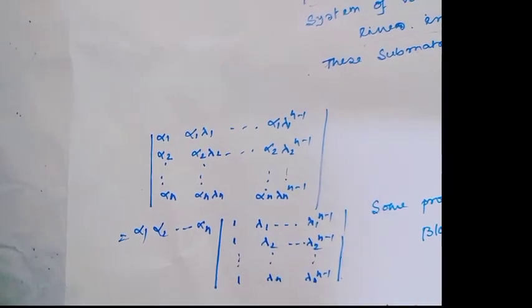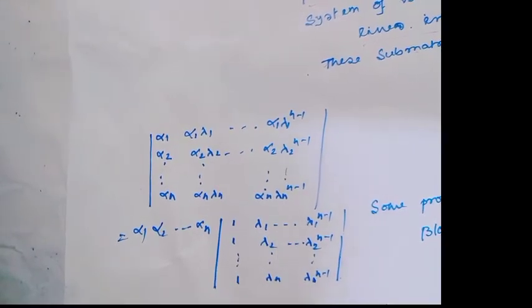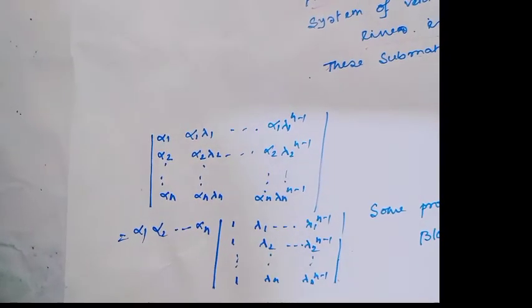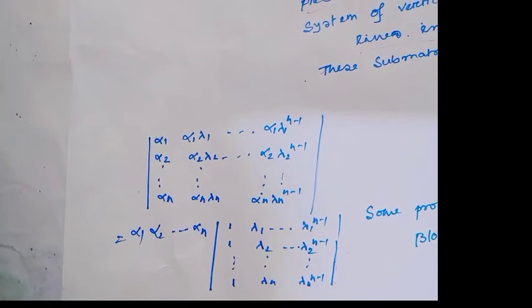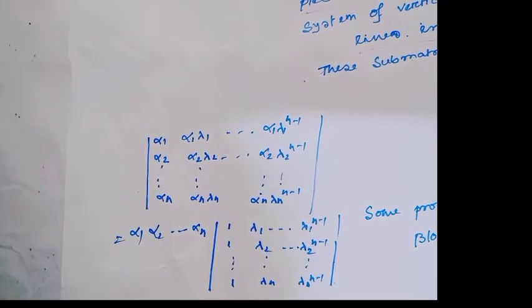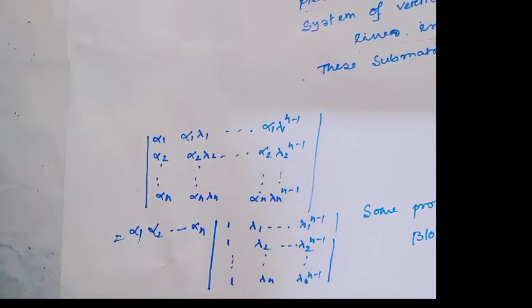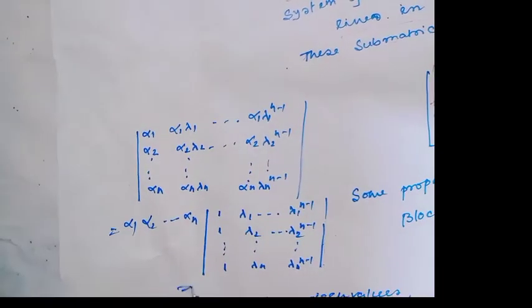Here notice, since lambda 1, lambda 2, up to lambda n are the distinct eigenvalues, obviously these values are all distinct, so this determinant would not be 0.